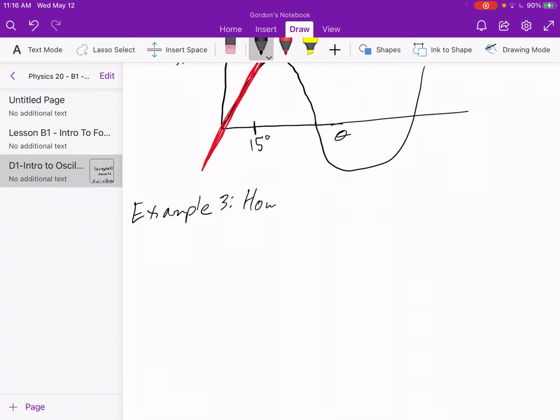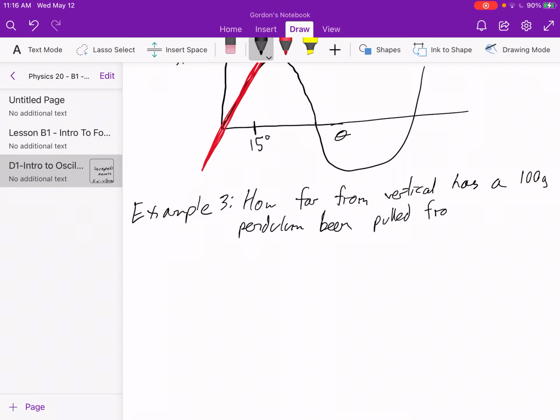We'll say how far from vertical has a 100-gram pendulum, well, the bob of the pendulum is 100 grams, been pulled from equilibrium, if the restoring force is 0.17 newtons. And we want to know how far has it been pulled in degrees.